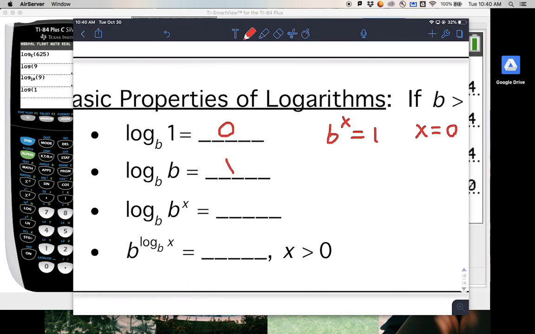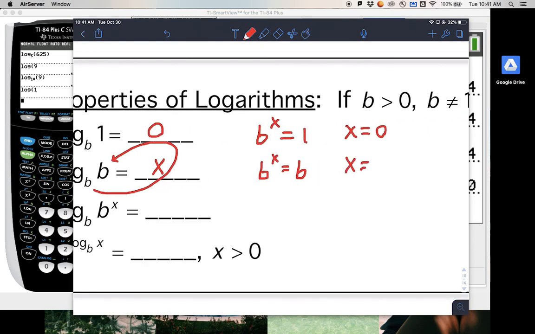Second one here, it's kind of the same thing. We're going to say b raised to x equals b. So b raised to what number gets you just regular b? The only thing that could happen right there is if x was 1. If you had a power of 1, that's the implied power right there.